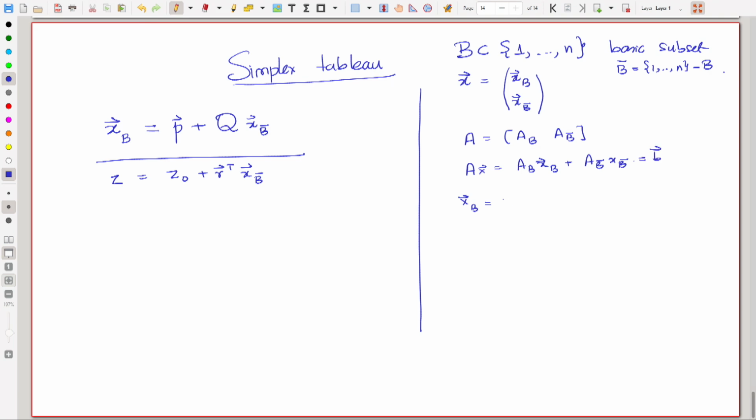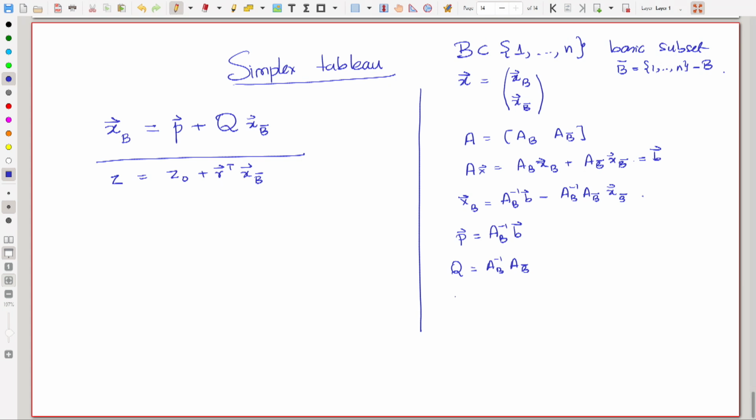So, x b is A b inverse b minus A b inverse A b bar x b bar, right. So, what we get is P is equal to A b inverse b, Q is equal to A b inverse A b bar, that is it, no x b, x b bar is there.